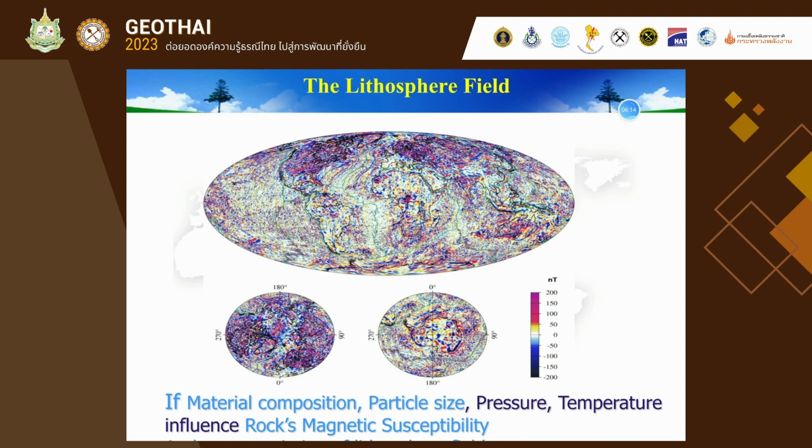Our analysis object is the source field, because the source field is caused by the rock's susceptibility, and the susceptibility can be influenced by the composition, size, and the pressure and temperature of these materials.